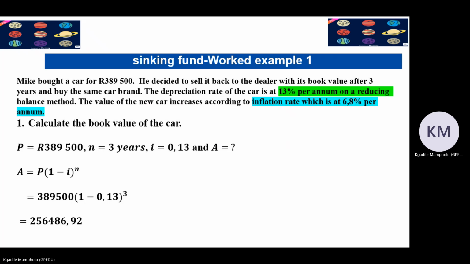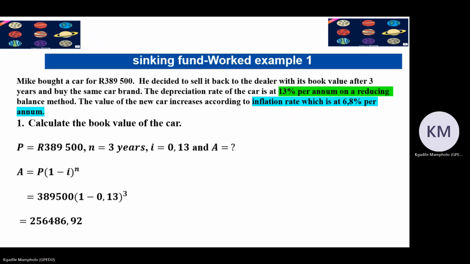P will be 389,500. N will be 3 years. And then I will be 0.13. And A is unknown, which is the book value of the car.